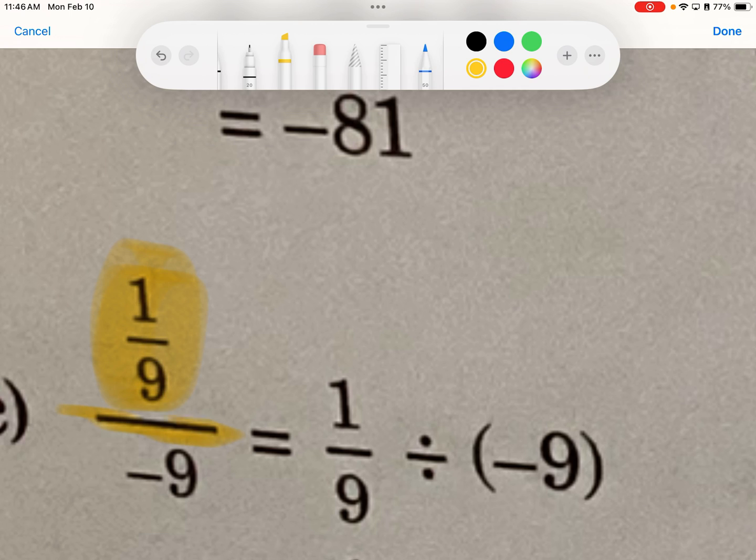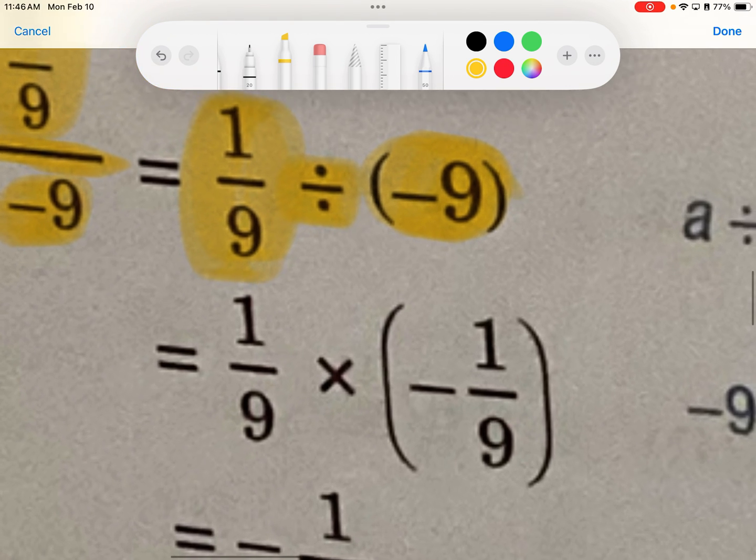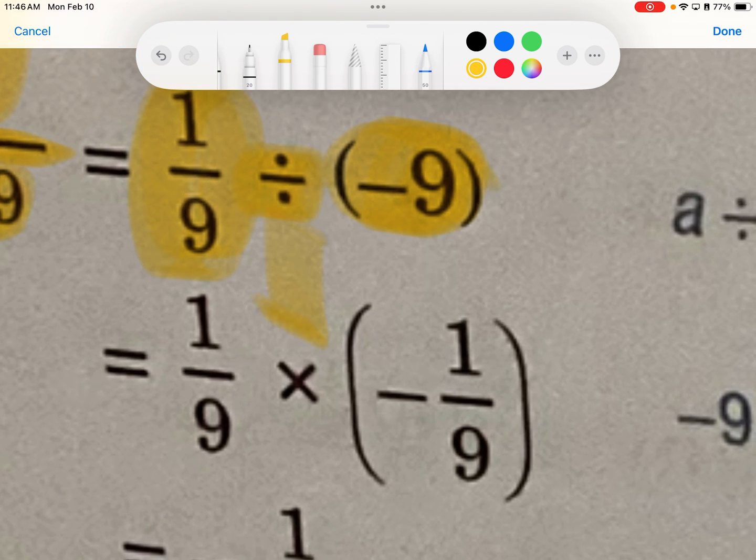1/9 divided by -9. So here we have 1/9 divided by -9. All right, so we're going to change that division into a multiplication. So we have 1/9 times the reciprocal of -9. That's -1/9.